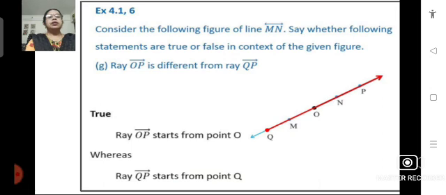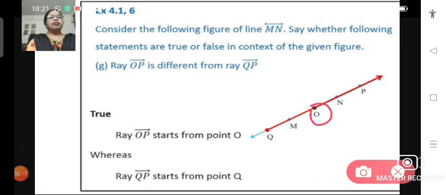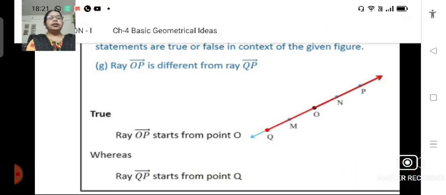Then we have the statement: ray OP is different from ray QP. Yes, because the initial point of ray OP is O, whereas the initial point of ray QP is Q. So yes, they are different rays.